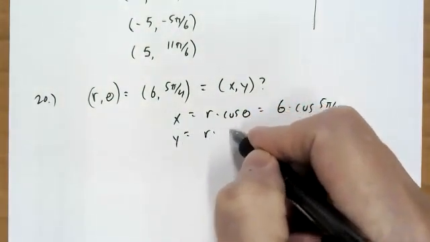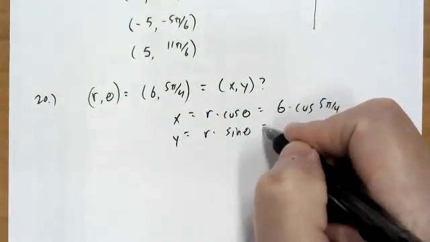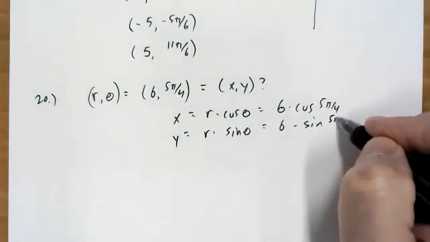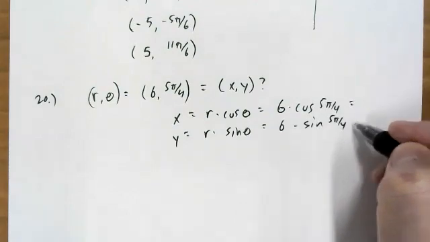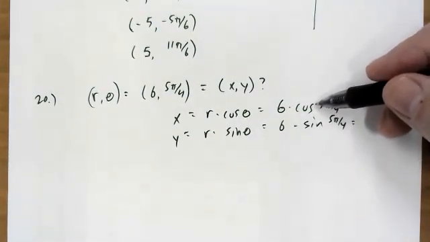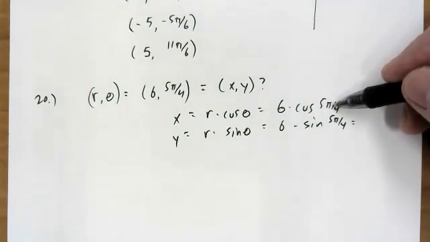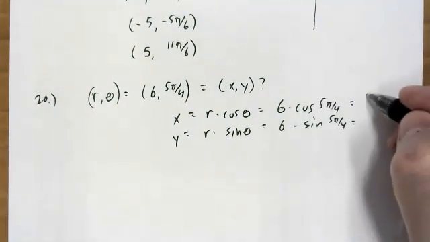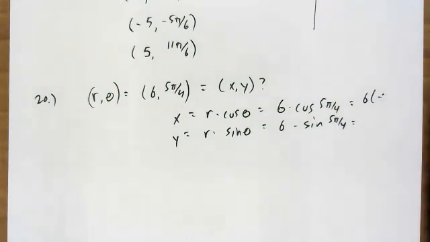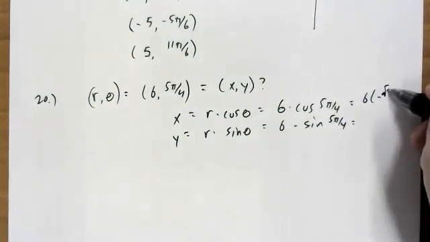And y is r times sine theta, which is 6 times the sine of 5 pi over 4. If you want to give an exact answer, cosine of 5 pi over 4, if you think about a circle, it's going to be negative square root of 2 over 2, sorry.